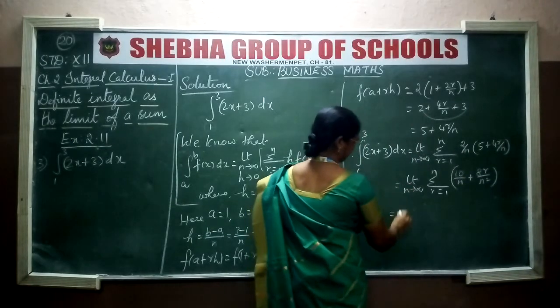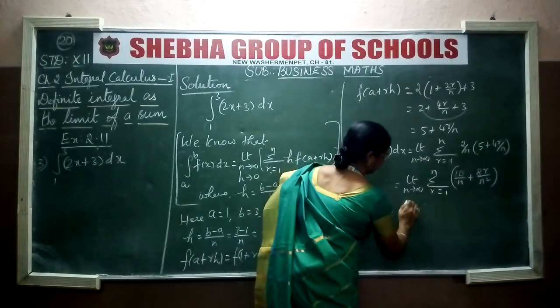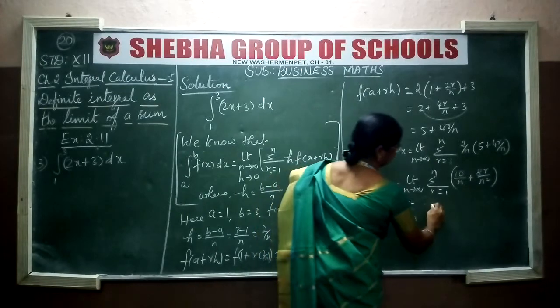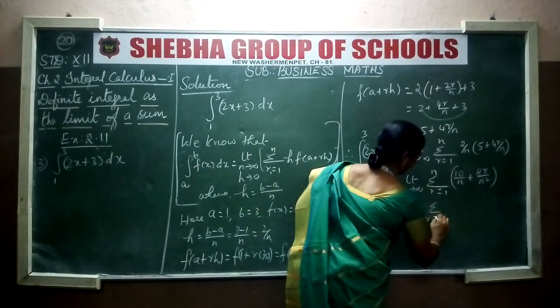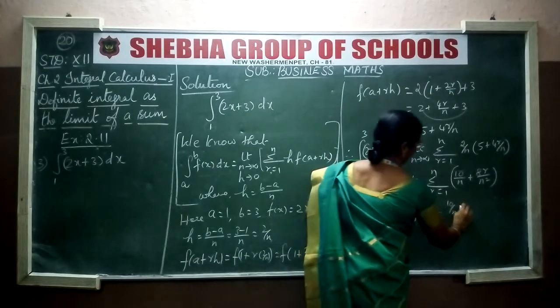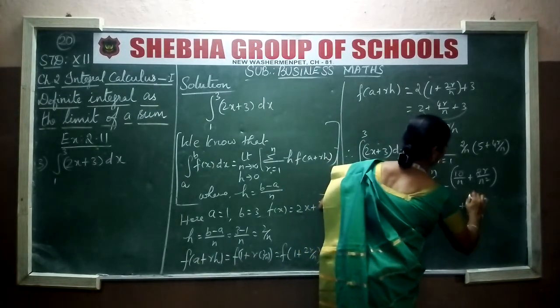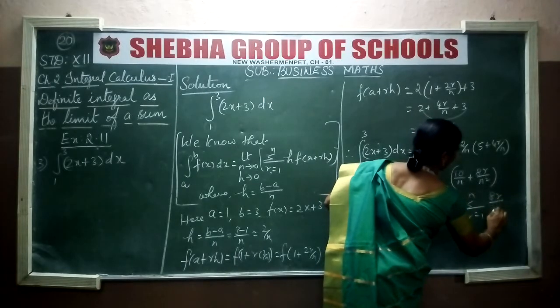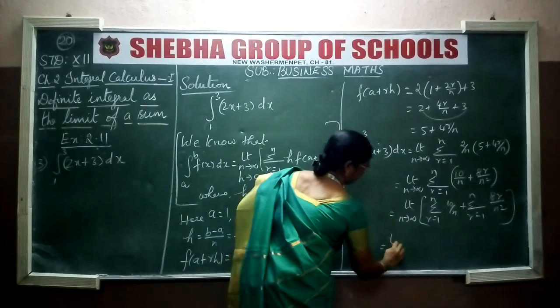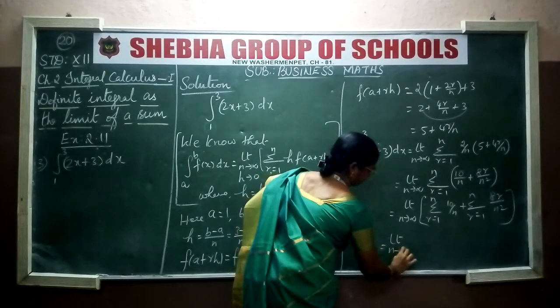Okay. Now split the sigma. We get limit n tends to infinity, sigma r equal to 1 to n of 10 by n, plus sigma r equal to 1 to n of 8r by n square. This is equal to limit n tends to infinity.